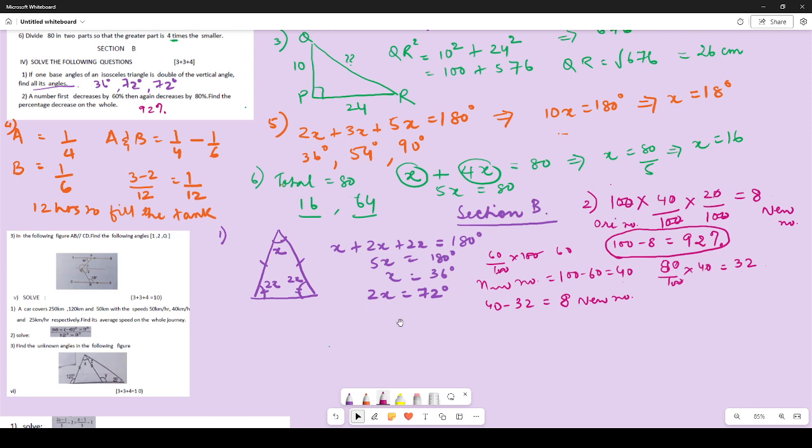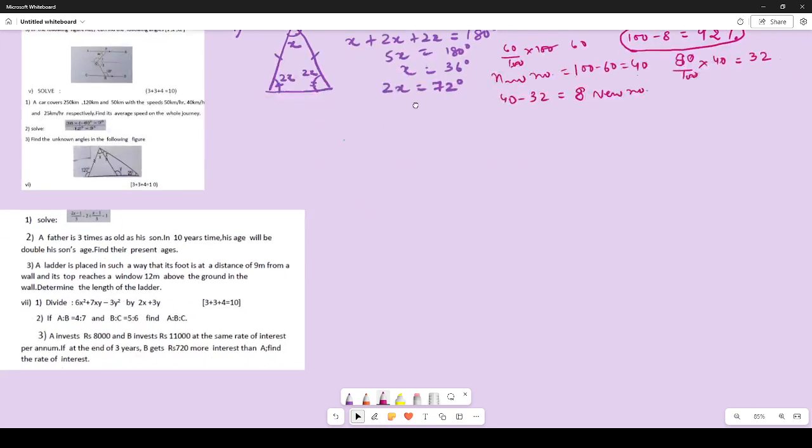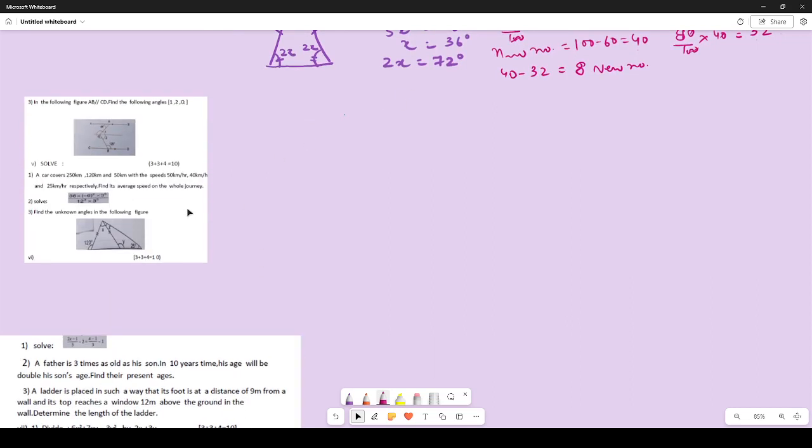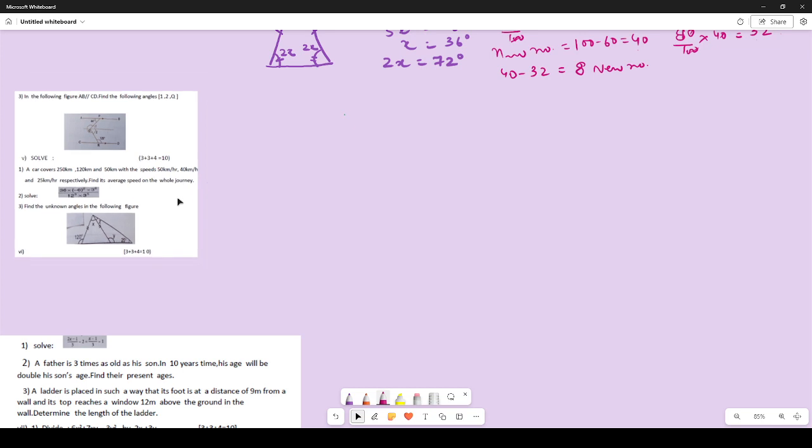Got that? Now let us move on to the next bit. I'll move the questions down a little bit. Alright. Now let us check this out once again. In the following figure, let me draw the figure for you once again so that it is clearer to you.